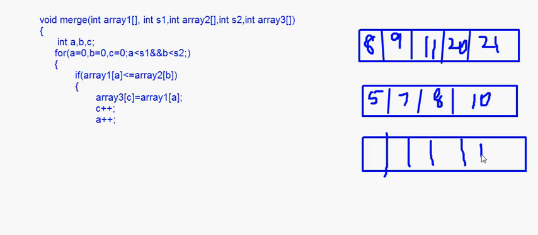Now I'll write down the coding first. This is the if condition, then else. In the else case, it will be array3[c] is equal to array2[b], and here you will write c++ and b++.